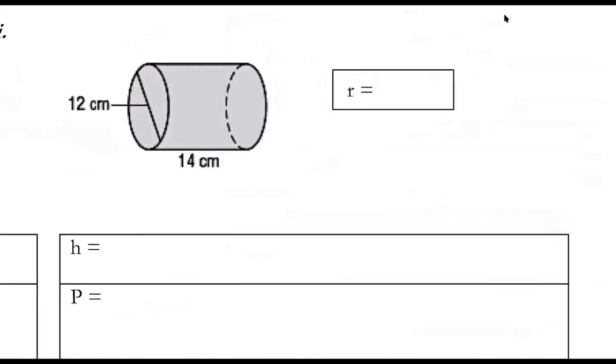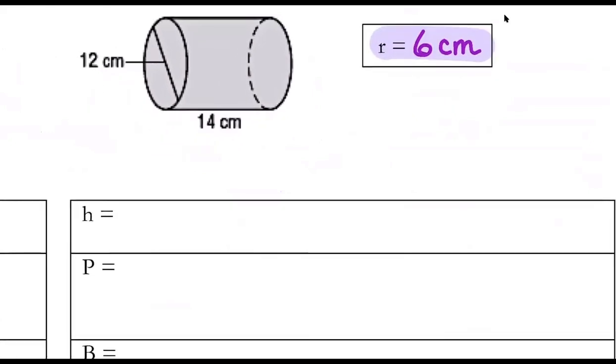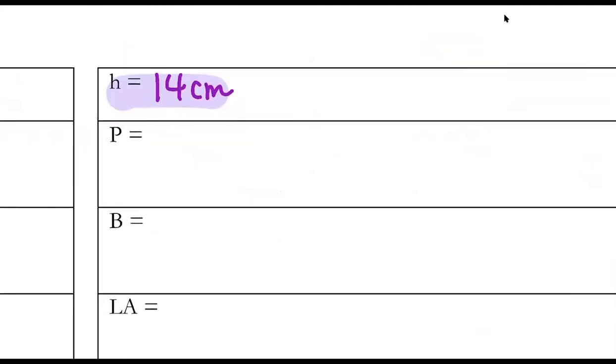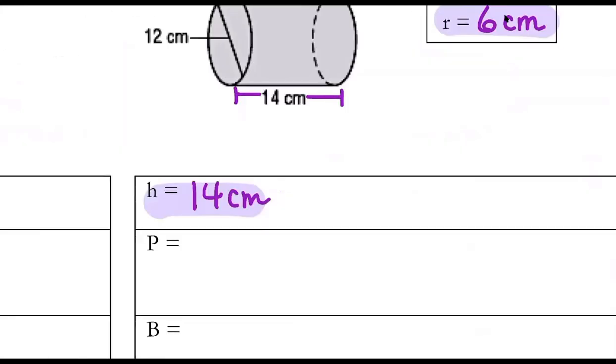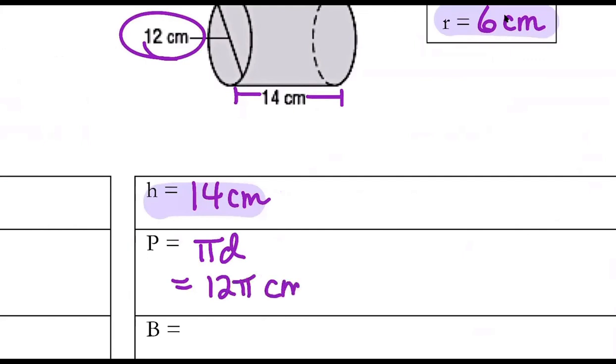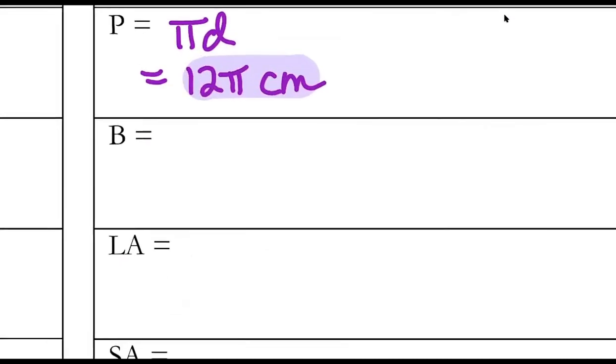Okay, for the second one, the radius this time is 6 centimeters. Okay, height, the perpendicular distance between the bases is 14 centimeters. Perimeter is pi d. I'm going to go ahead and use pi d instead of 2 pi r because we have the diameter there. So that'd be 12 pi centimeters. Base area, pi r squared.